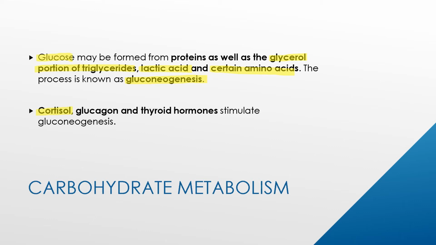It's also stimulated by glucagon from the pancreas. And even the thyroid hormones, T3 and T4, will also mobilize proteins and may mobilize triglycerides from adipose tissue, thereby making glycerol available for gluconeogenesis.